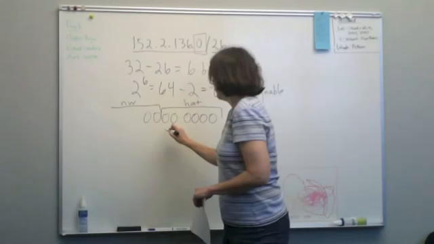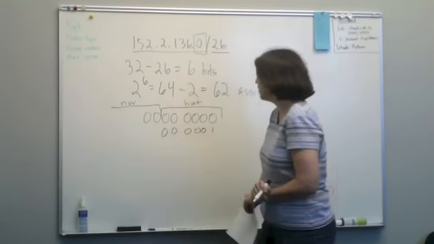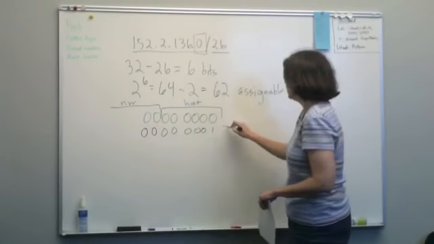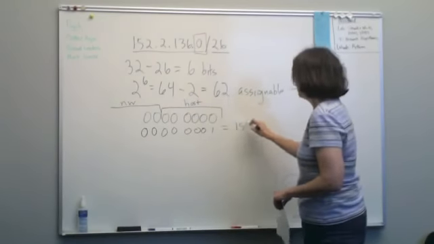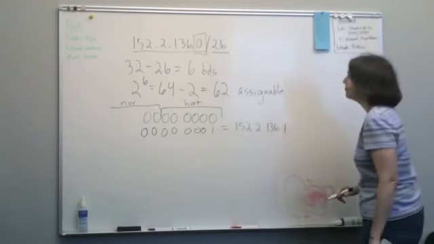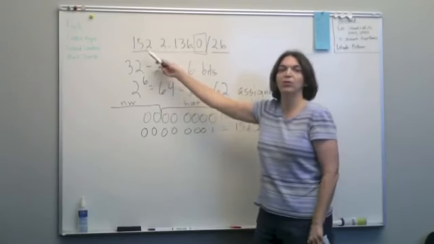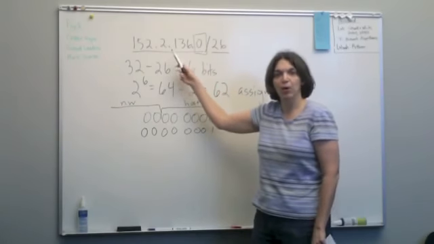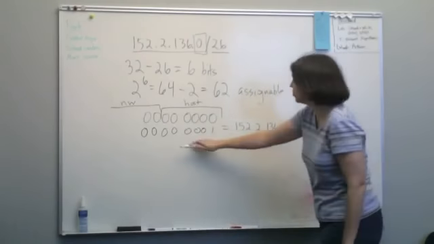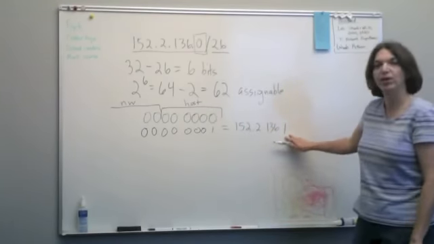So if we make these all zeros except the last one, and the network bits always stay the same, then this is going to be 152.2.136.1. Since 152.2.136, all of those bits are part of the network part, they never change. So we're just looking at this last octet. So this is the first assignable IP address.